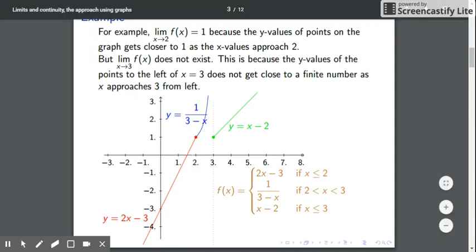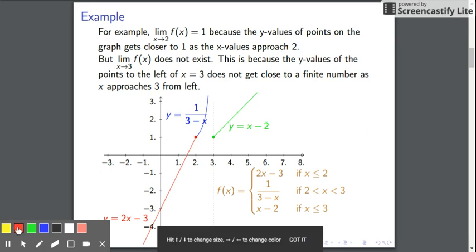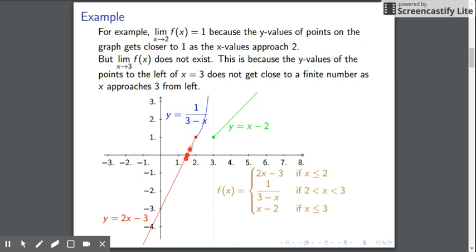The piece of the function that is red: if you are taking values coming from the left side of 2 and getting closer and closer, you're walking on the path of the function from the left side of 2.